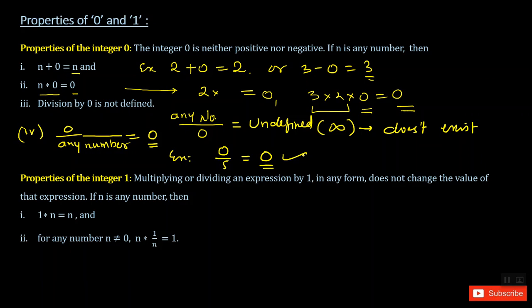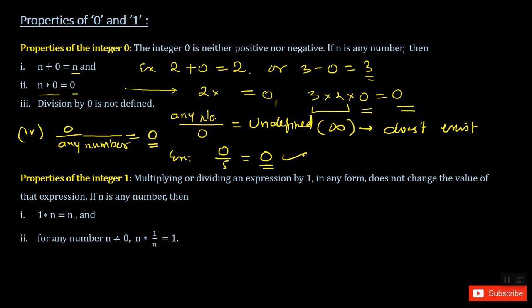Properties of the integer 1. Multiplying or dividing an expression by 1, in any form, does not change the value of that expression. Whether you are multiplying any number by 1 or dividing any number by 1, the value of that number doesn't change.